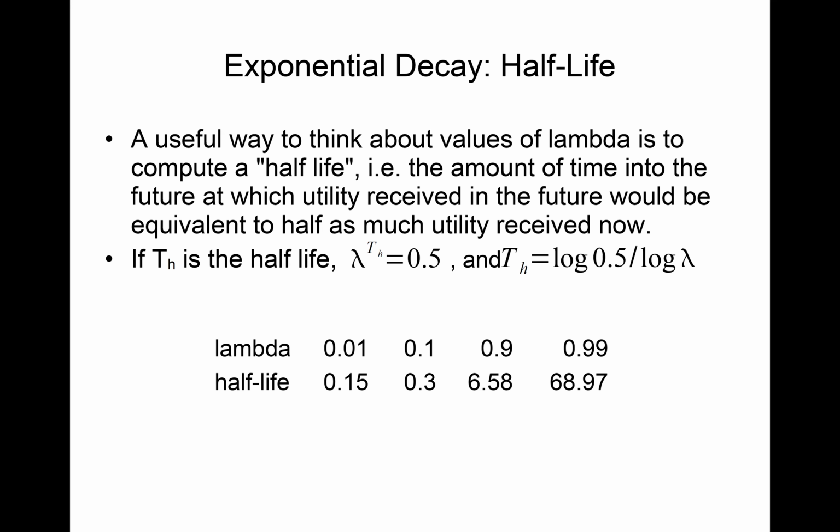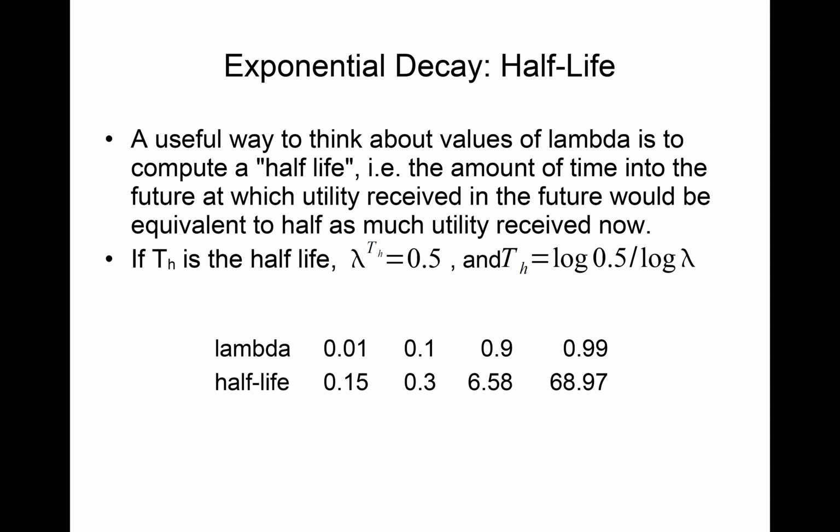Okay, and you can see over here how this plays out. So if you have a very small lambda, your value goes away instantly, pretty much. If you have a very large one, it can take a long time for it to go away, and the half-life can be any number greater than 0 and all the way up to infinity. It's unbounded.